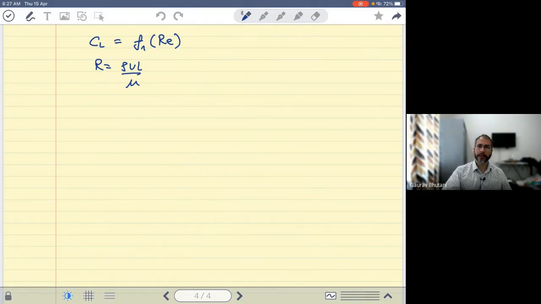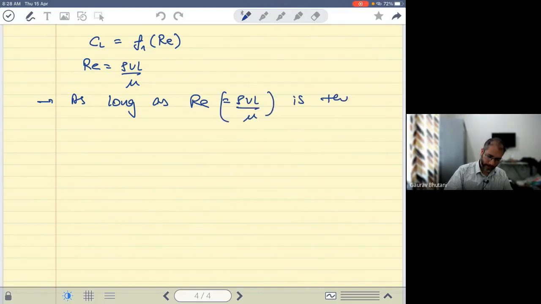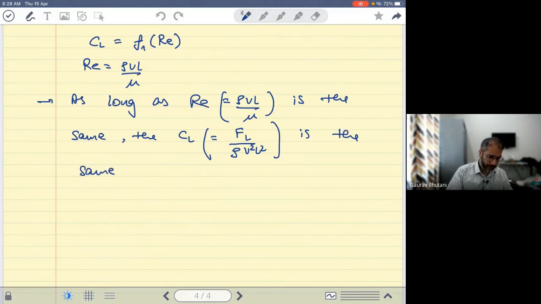So my lift coefficient CL will be the same. So this allows us to do the testing on scaled down models.